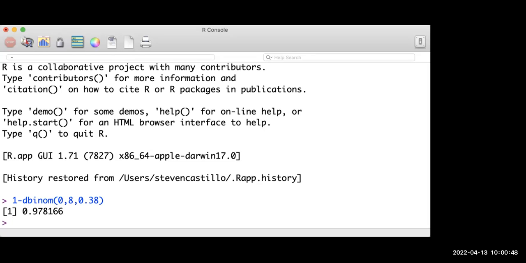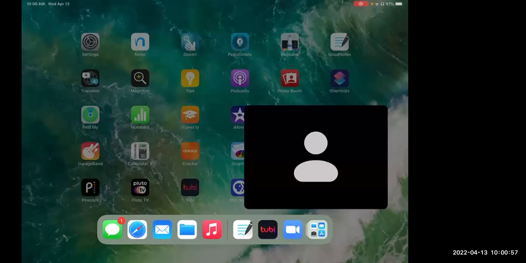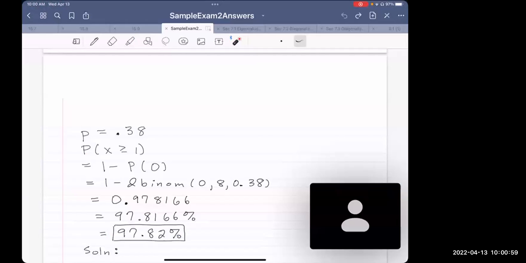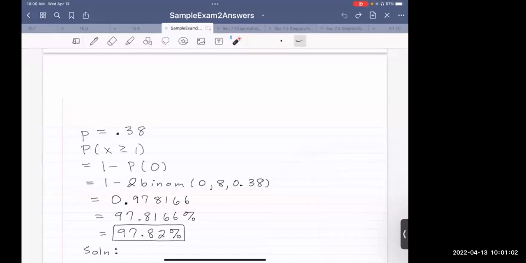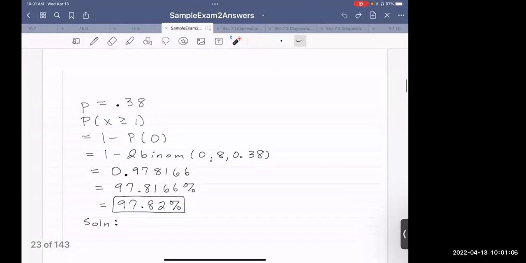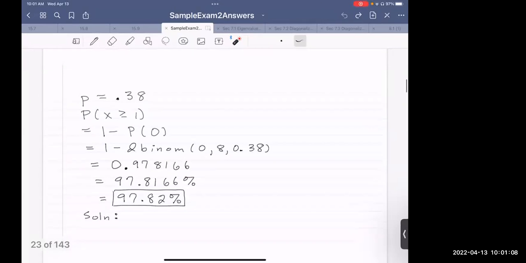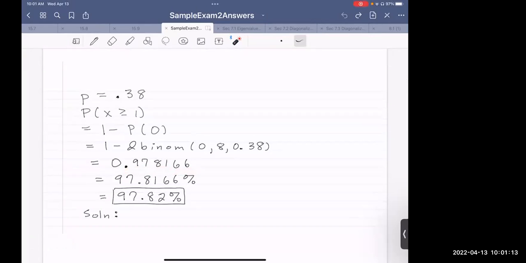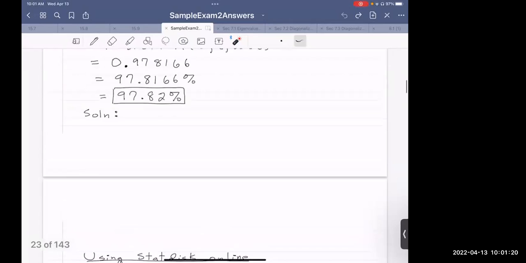So let me type that onto my computer. Let me move my decimal place 2 places to the right. So 97.8166%. Let me round to the nearest hundredth of a percent. So 97.82%.